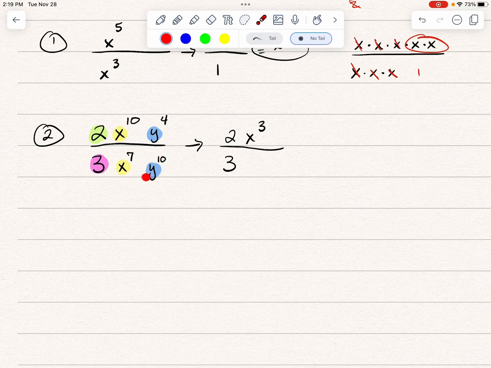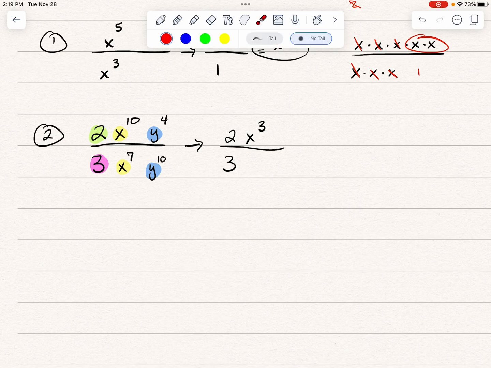You would say, well, 10 y's is definitely more than 4 y's. So I'm going to start here and subtract 10 minus 4. I'm not going to say 4 minus 10 because that would give me a negative exponent, which I haven't taught you how to deal with just yet. So we're going to say 10 minus 4, which is 6.